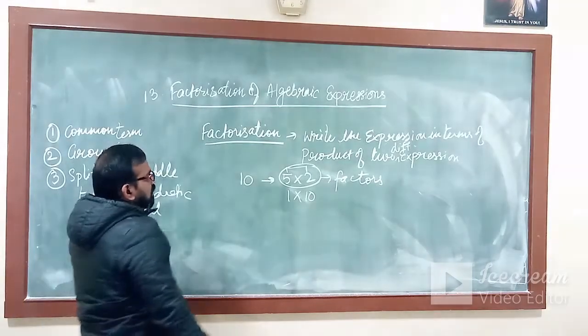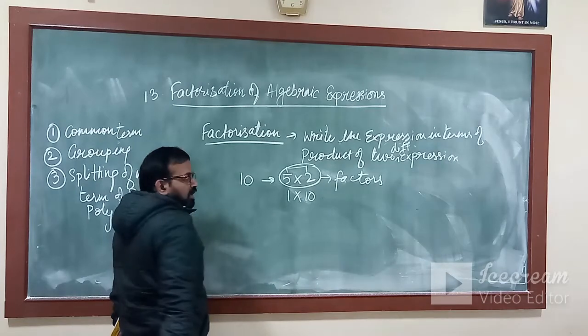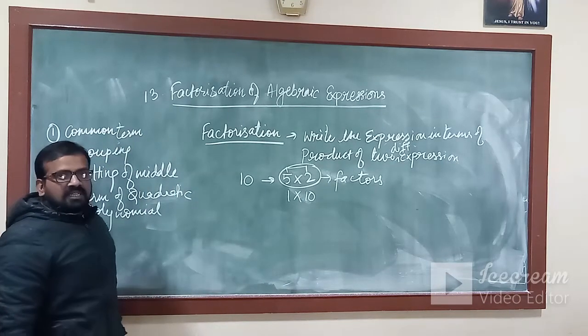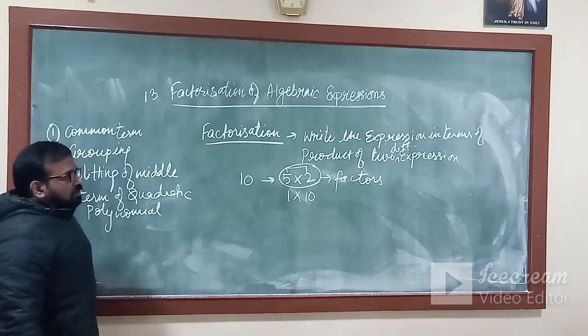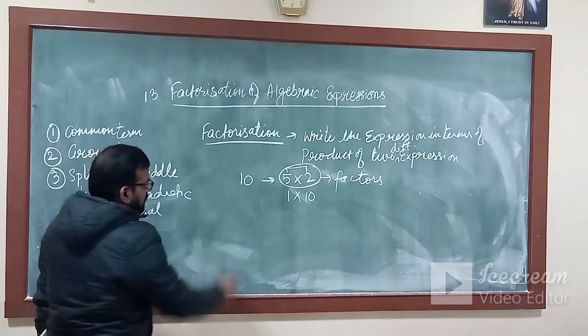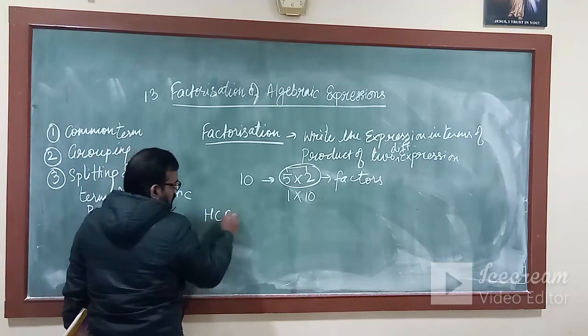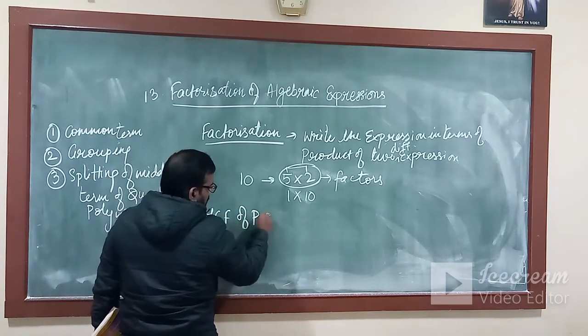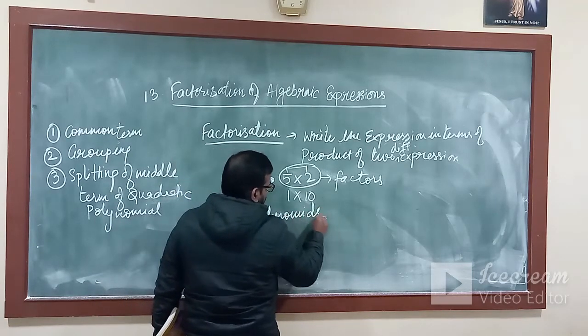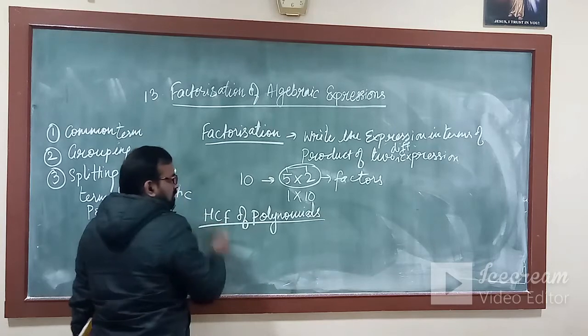Now we will learn in a similar manner how we can separate any algebraic expression in terms of its algebraic factors. First and foremost, we have to know the HCF of polynomials. You should know how to calculate the HCF of polynomials.